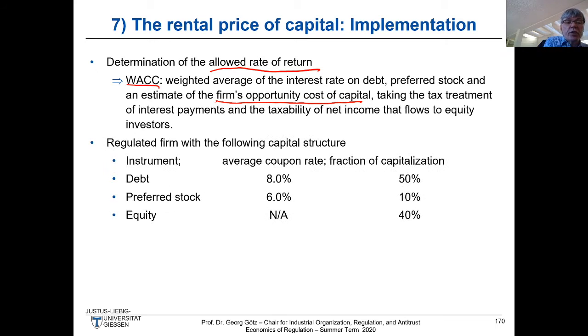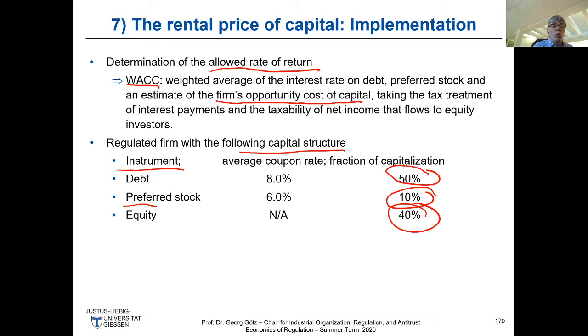And so what the firm has is some capital structure. It uses different financing instruments like debt. Here, what we assume is that 50% of the capital of the investment is financed by debt. Then they use another instrument like preferred stock, Vorzugsaktien, which would be 10% here, and 40% is equity.